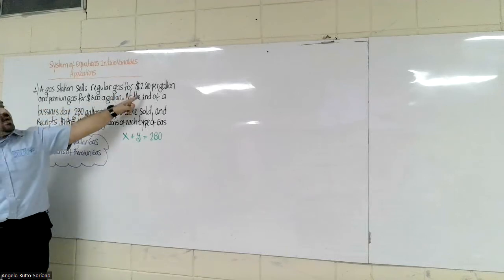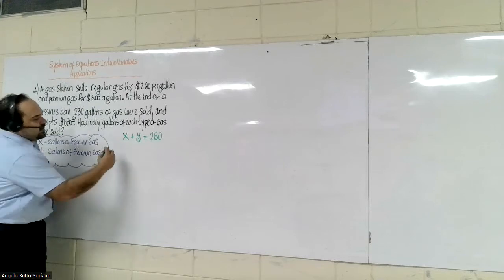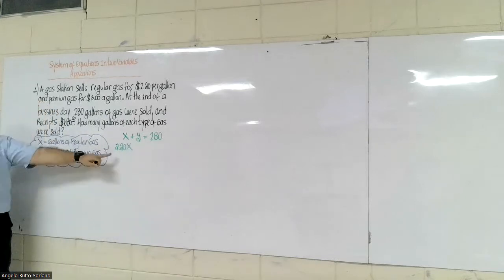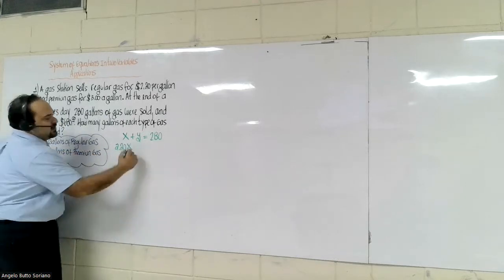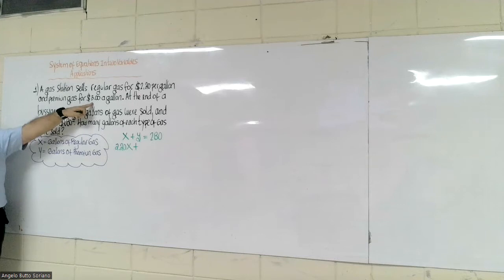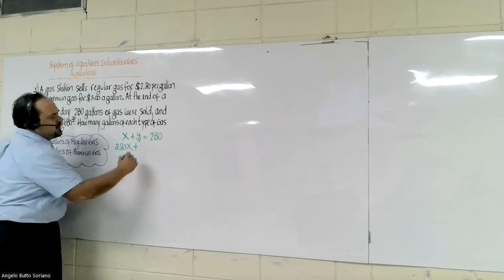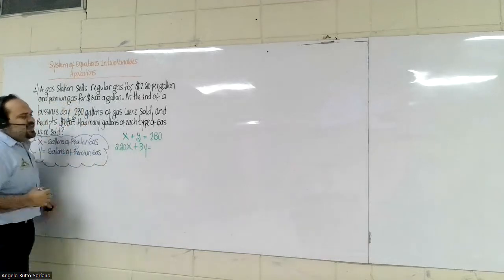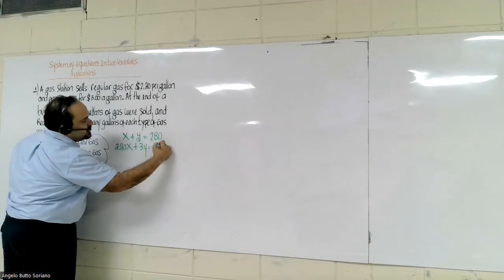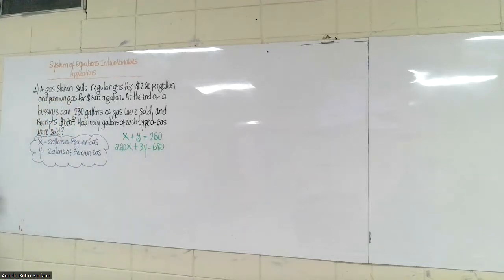So 2.20x for regular gas, plus $3 for premium, which will be 3y, equal to the total money the company received at the end of the day, $680. Understood this part? Okay, then.